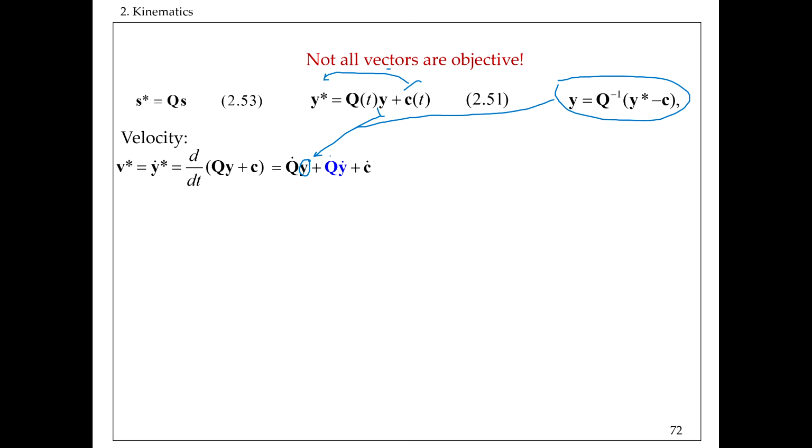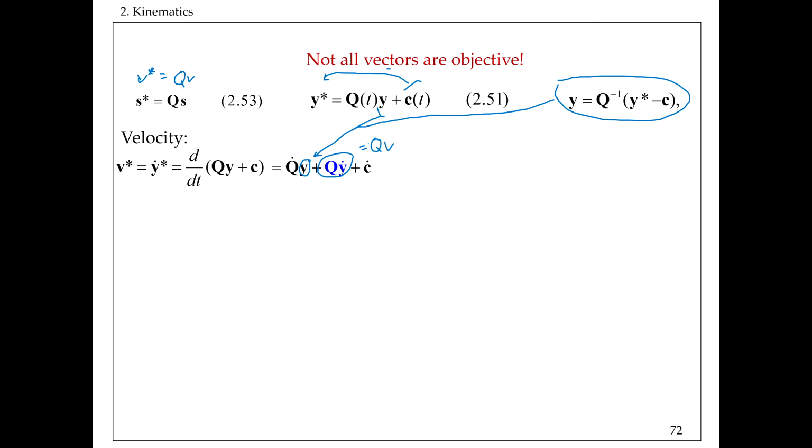Now if we look at this term, that will be nothing but qv. By definition this is v. That represents the part that we are looking for, because in 243 what we were looking for is that v star equals qv, and if that holds true, then we could say that the velocity is objective.